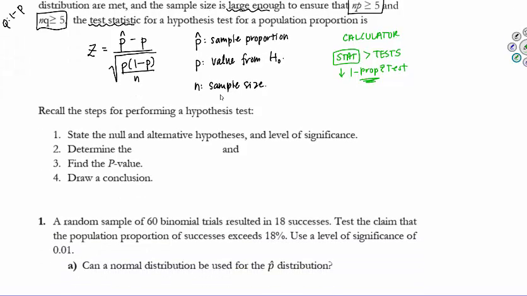Remember, with this test statistic, the steps are exactly the same to create any hypothesis test. First, we need the null and alternative hypothesis along with the level of significance. Then we must determine the distribution. The question is always t or z. Which distribution do we have? If it is a proportion, just like in confidence intervals, the proportions are always z.